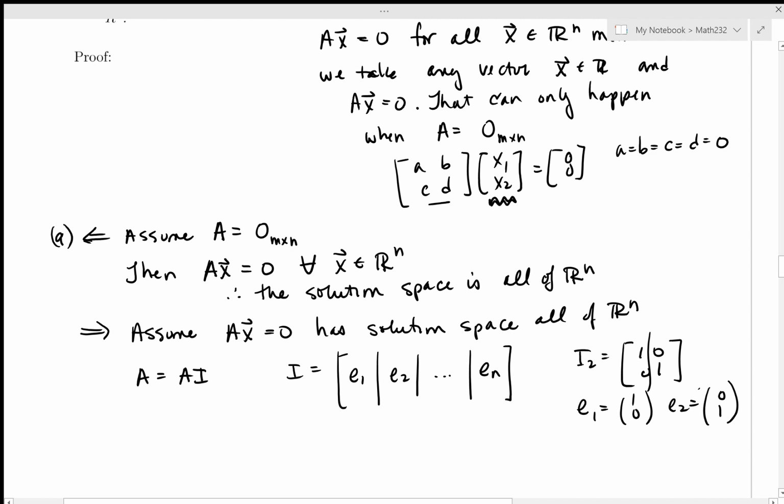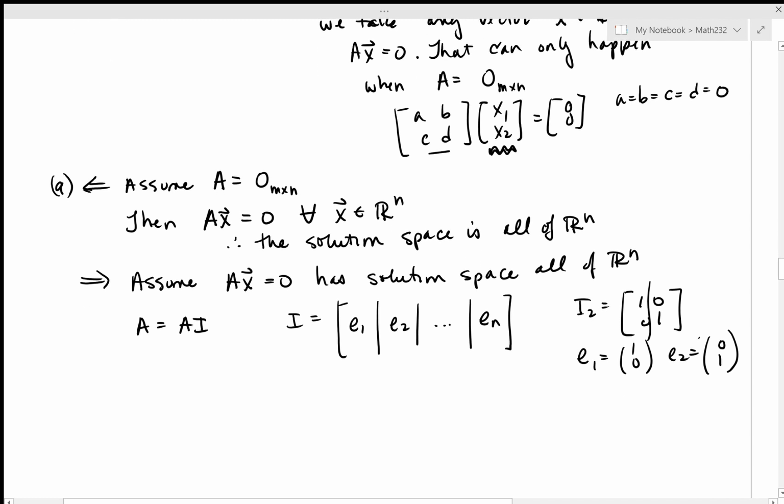So that's how I'm thinking of I. Now I'm going to multiply A times I. A times I can be thought of like this: A times E1, that'll be the first column. A times E2, second column. A times En, the last column.